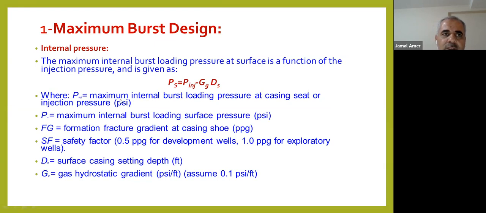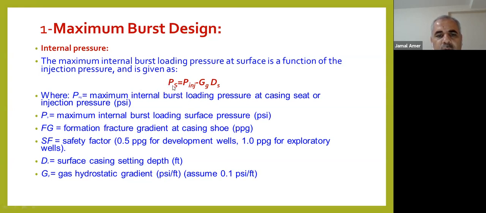As we know, for the well we have depths, total depth, and if we want to calculate the pressure at the formation, we have the maximum internal burst pressure at the surface. Injection pressure here we call 0.052 multiplied by mud weight multiplied by the total depth.